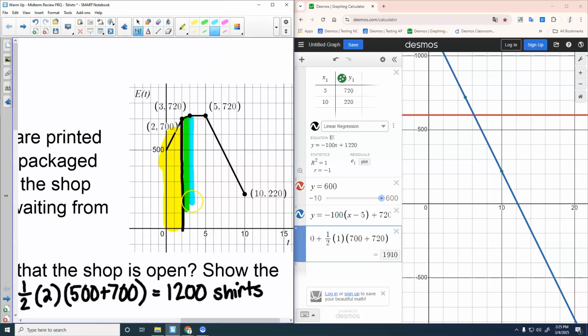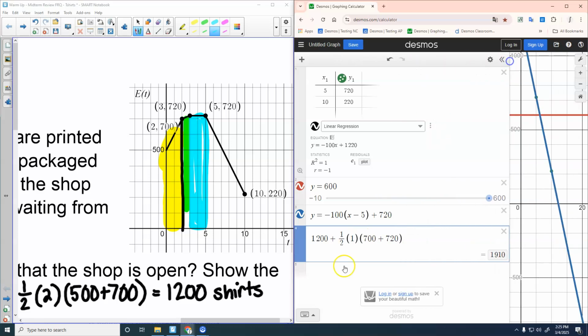This part right here is just a rectangle. So what do we do for it? Base times height. So that's going to be 2 times 720. So we got plus 2 times 720. And then we want to do this last part, but we're stopping at 6.2.